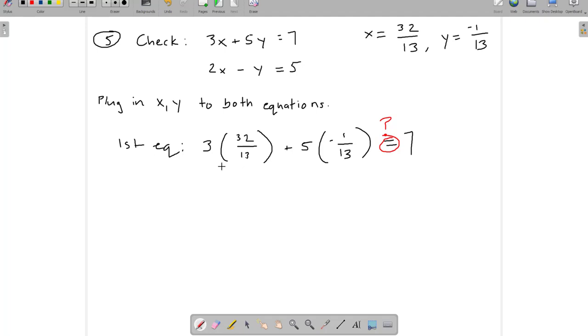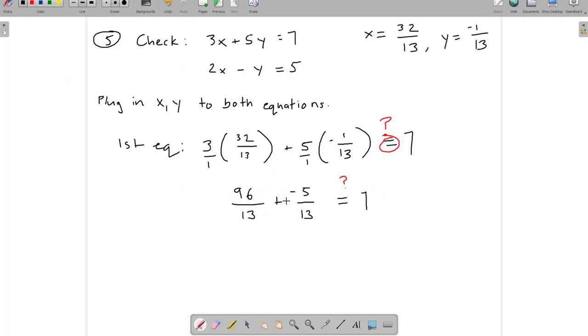So again here, this is 3 over 1. This is 5 over 1. So when we multiply these, we just multiply the numerators and the denominators straight through. So 3 times 32 is going to be 96 over 13. I'm adding negative 5 over 13. And I want to see if this equals 7. I'll do red again, because we're still not sure.